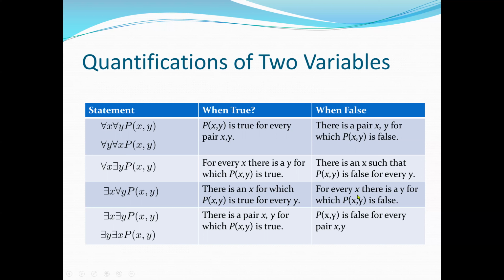Also for every x, there is a y for which P(x, y) is also false. Now here we are doing some x, some y, P(x, y), or some y, some x, P(x, y). Here is some of both x and y, not all the values. So there's a pair x, y for which P(x, y) is true. And there can be some pair x, y for which P(x, y) is false for every pair x, y.